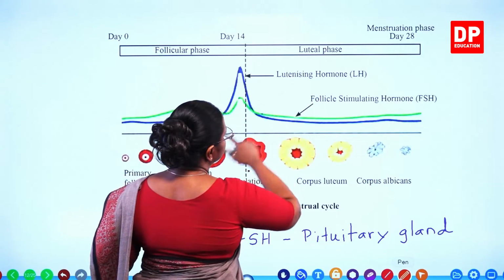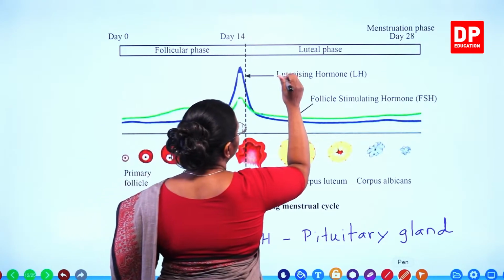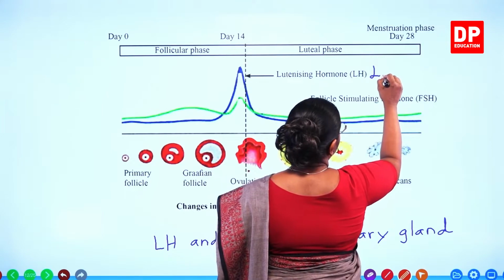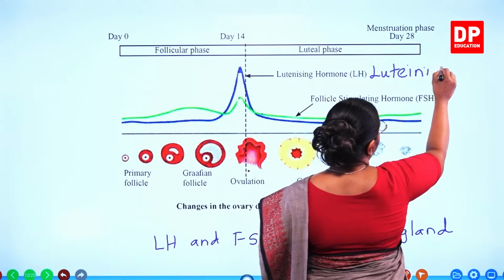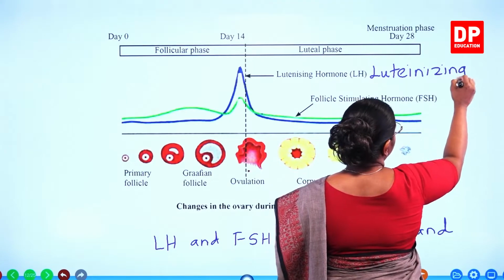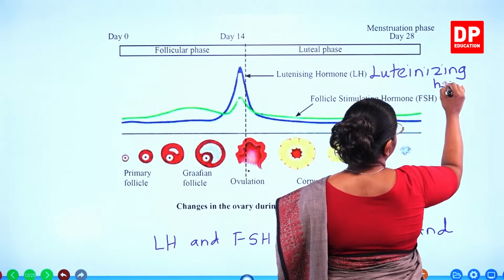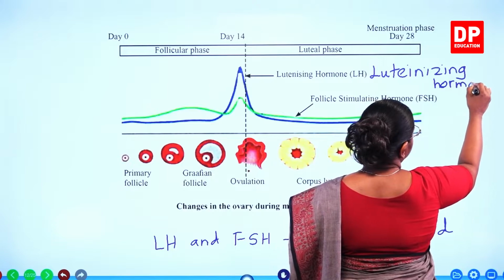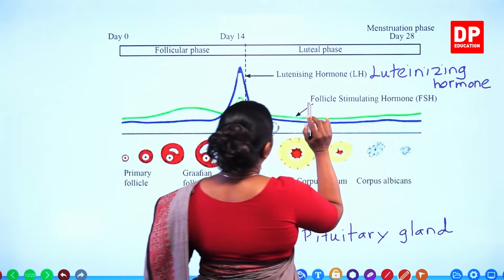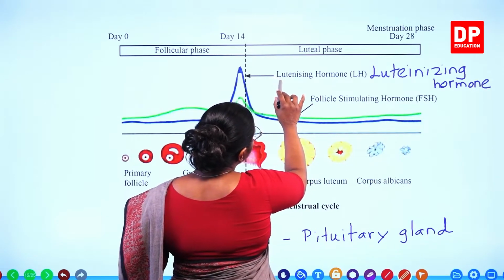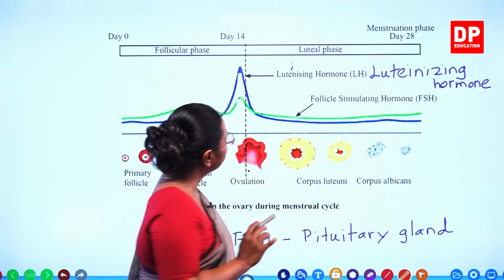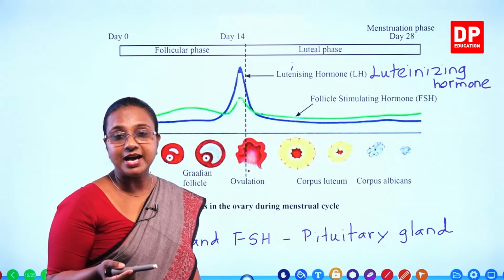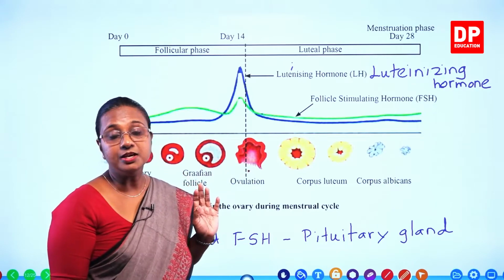Students, there is a mistake here. Luteinizing hormone can be spelled L-U-T-E-I-N-I-Z-I-N-G, or with an S, luteinizing hormone.